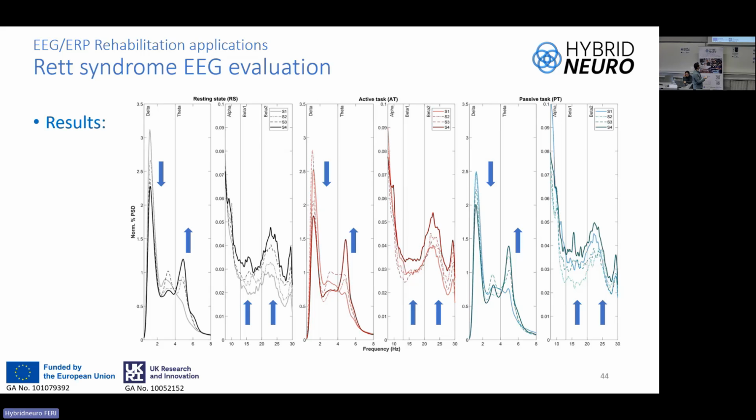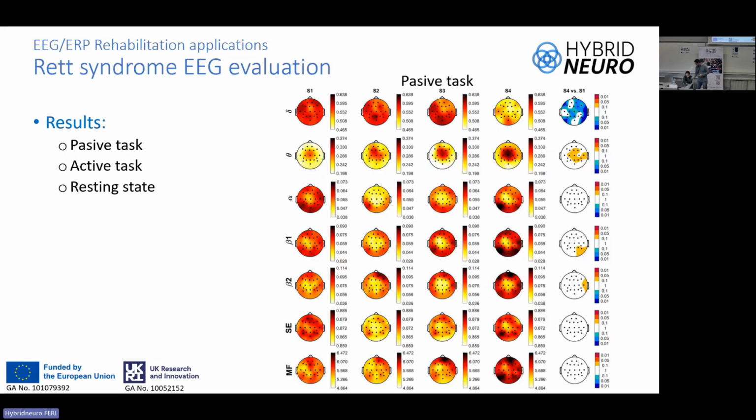This is separated because of the amplitude, okay? The reduction of lower frequencies and the increase of higher frequencies is related with an improvement in the parameters that are measured in this study.